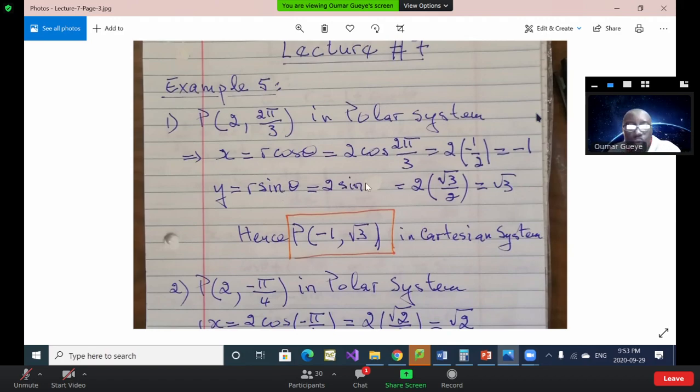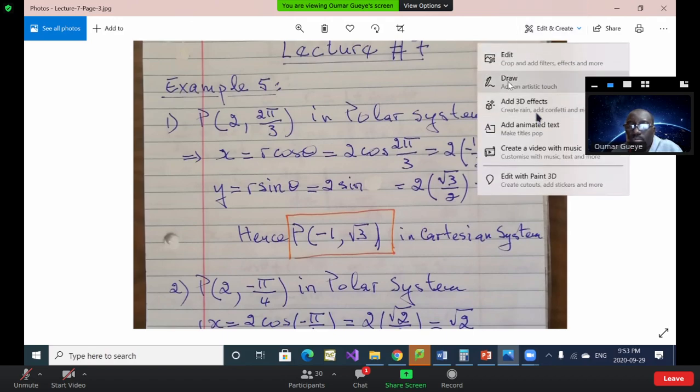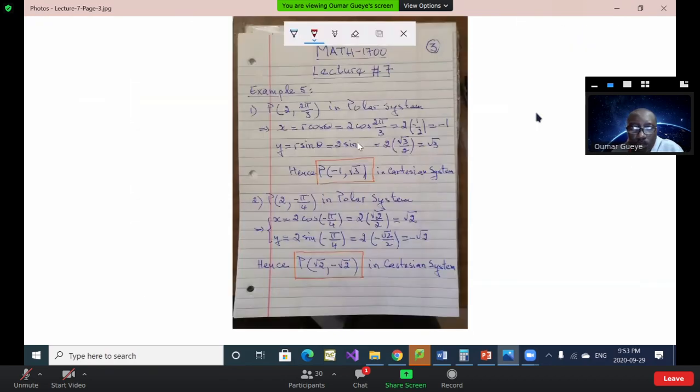And y is going to be r sine of theta, based on our formula. We get 2 sine of theta, so I just substitute theta by its value, theta equals 2 pi over 3.